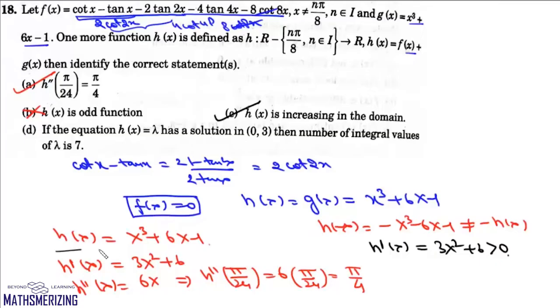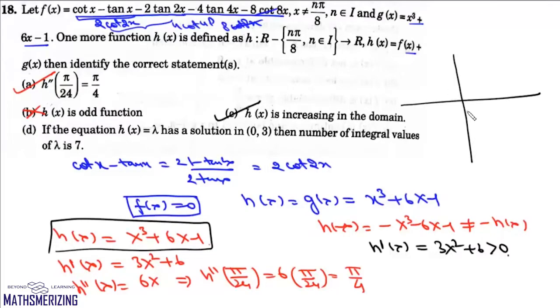Now since h is a cubic equation and it is strictly increasing, at 0 this value is minus 1 and at 1 this value is positive. So its root will lie somewhere between 0 and 1. So this is an approximate graph of h(x).